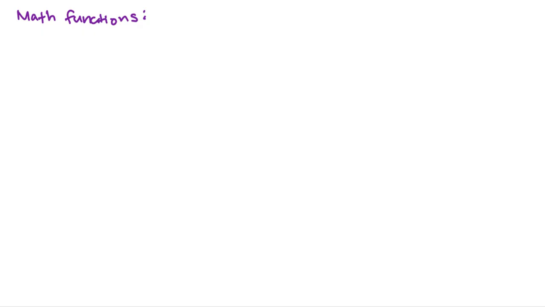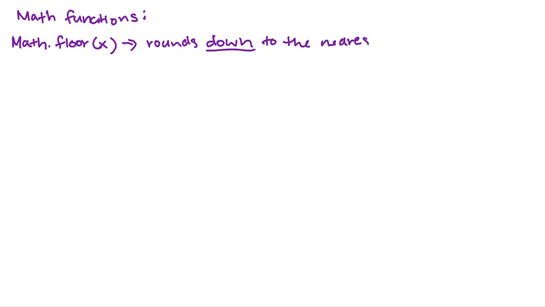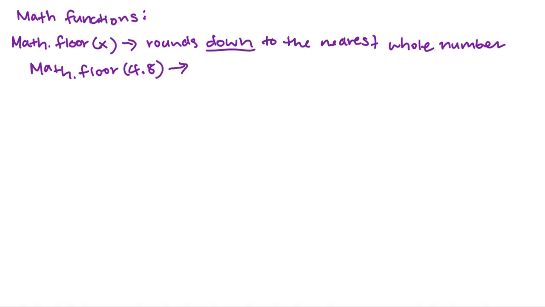So we can start with math.floor. This rounds down to the nearest whole number. So if we want to look at some examples, if we had math.floor of 4.8, that'll go to 4.0, and we always keep it as a double.